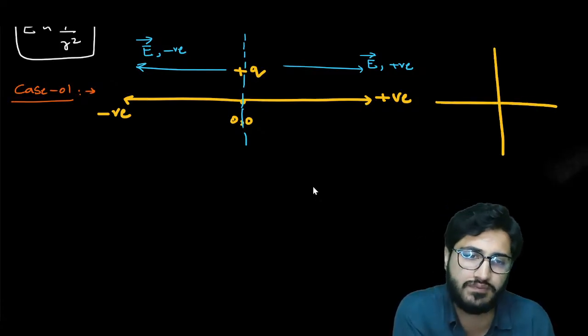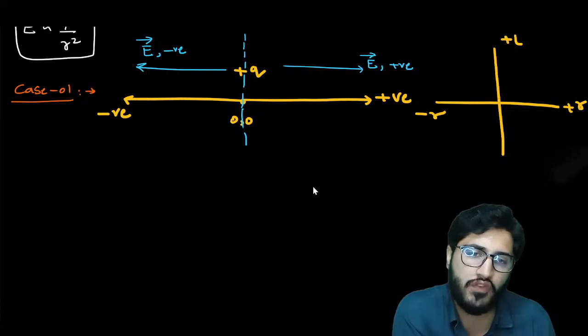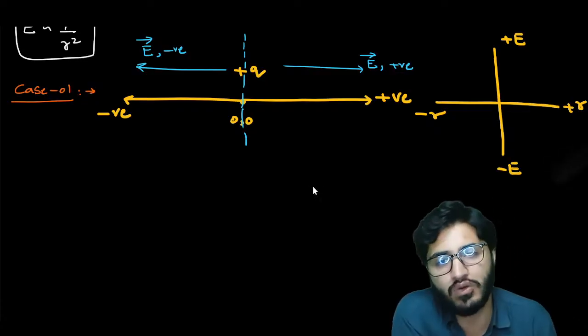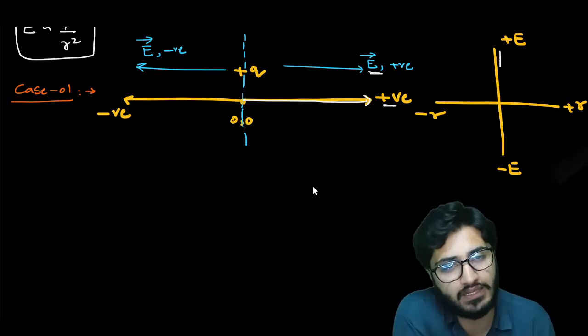Now look, positive R, negative R, positive E, negative E. Look here, if we are going towards the positive R, this is R now. If we are going towards the positive R, we will get positive E. Again, this is my first quadrant.